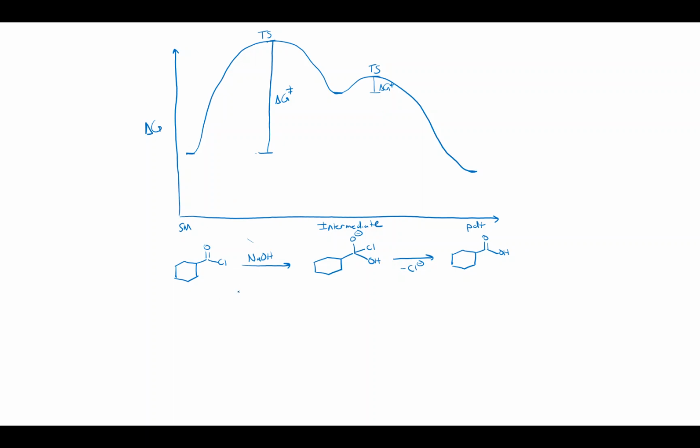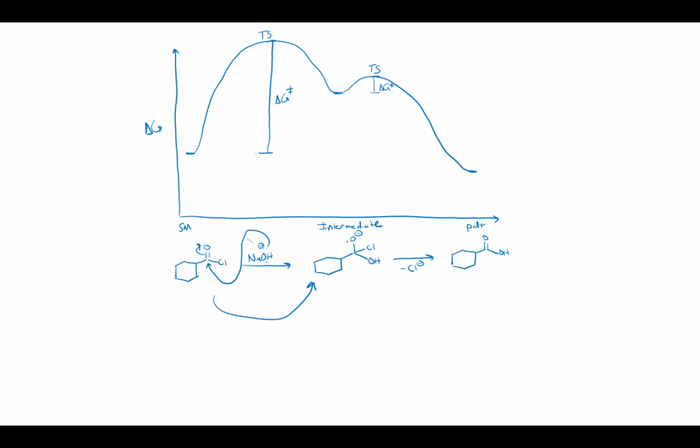When we draw our mechanism now, NaOH has this negative charge, adds to the carbonyl, and pushes up onto the oxygen. We're mapping that onto our reaction coordinate diagram. As this comes in, we're bringing this negative charge in, creating this kind of unstable compound.